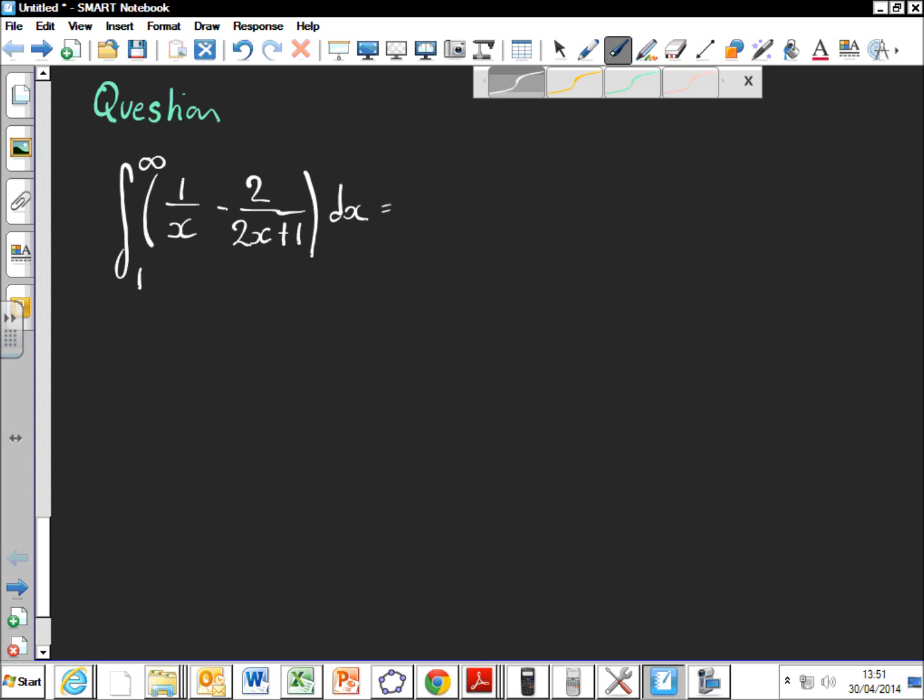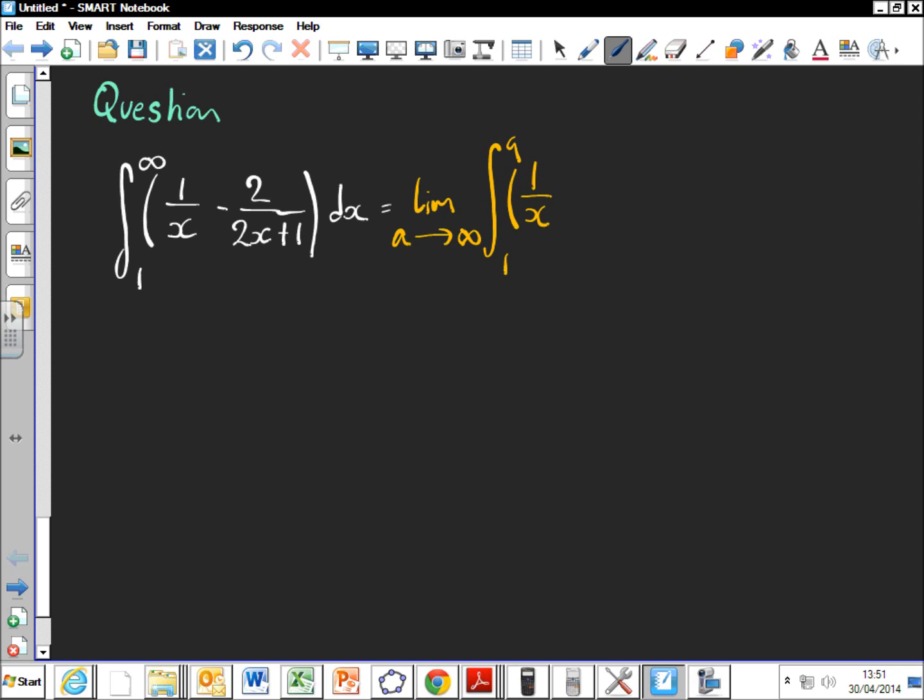So what do I do instead? What am I writing here? The limit as a tends towards infinity of the integration between a and 1 of all of this.